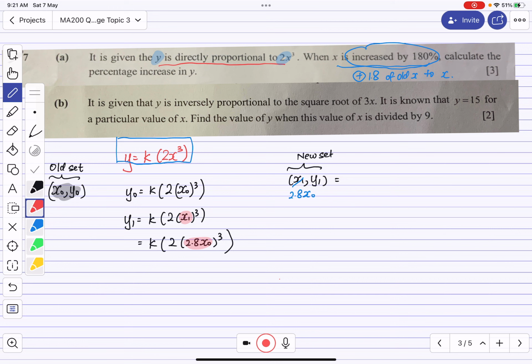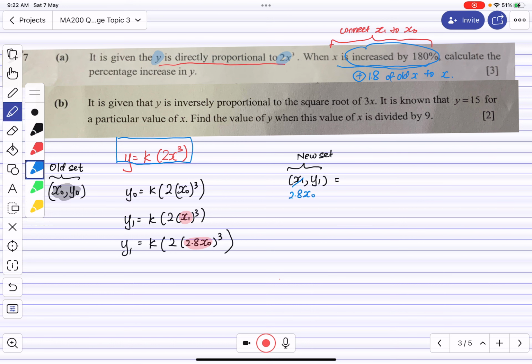So the purpose of this sentence is to provide you how to connect the two equations, to connect x1 to x0. And y1 will be the answer, the one that gets us the money in this question.